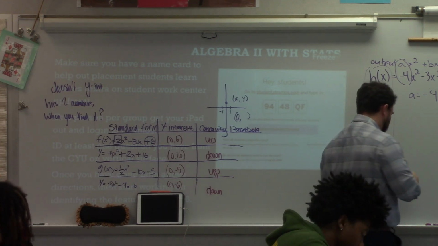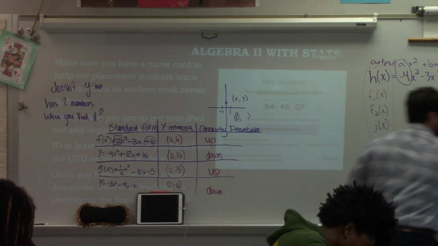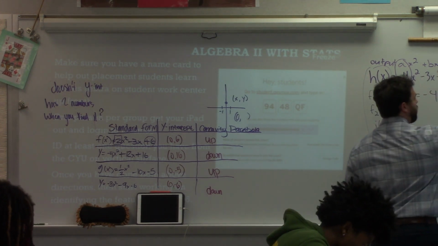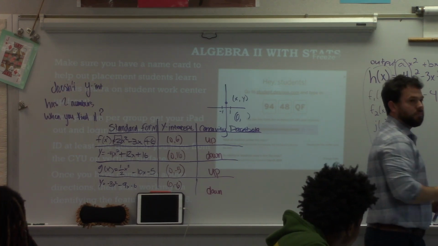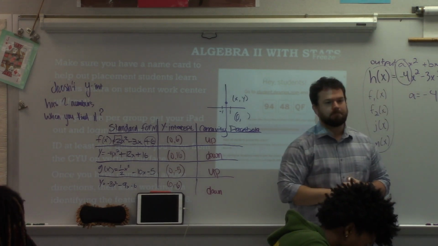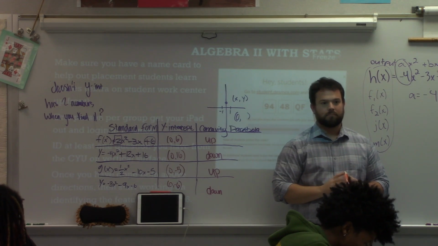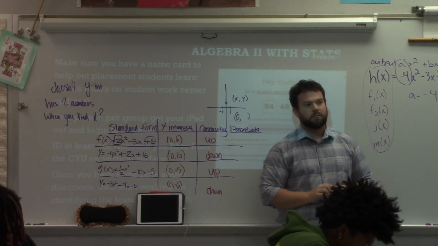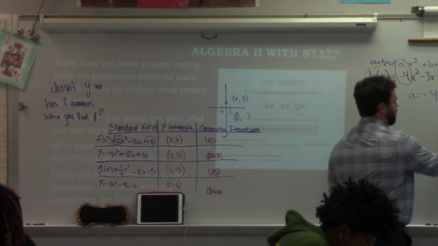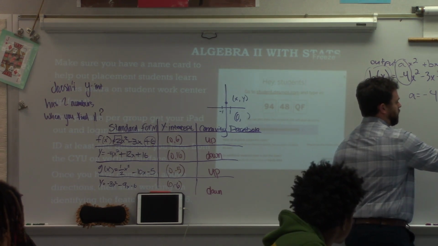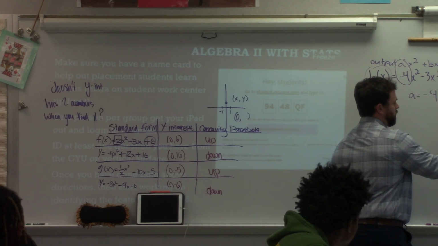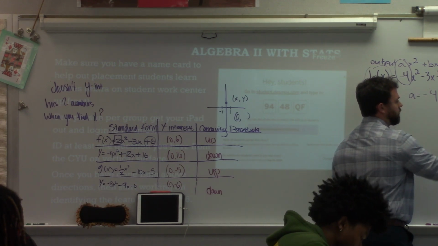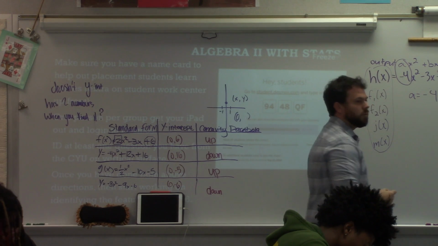The other issue I have is this. You know what this relation isn't? Look at it. What is this relation not? Oh, it's not a function. Why is it not a function? Because it's going straight down, it isn't going at an angle.